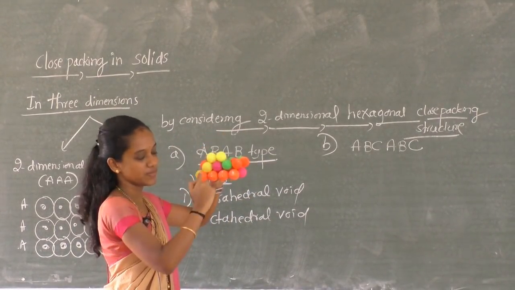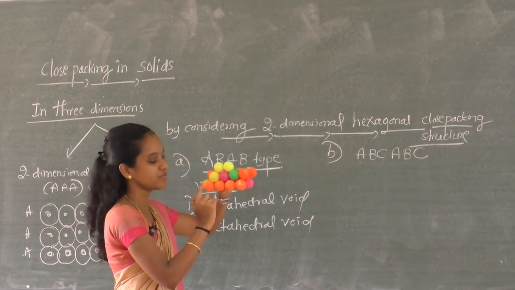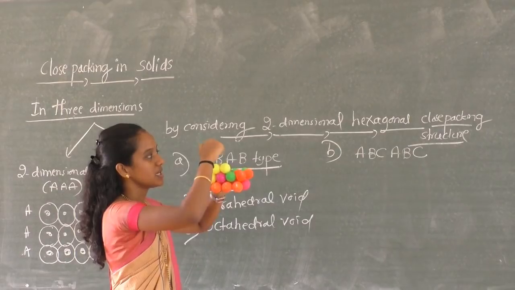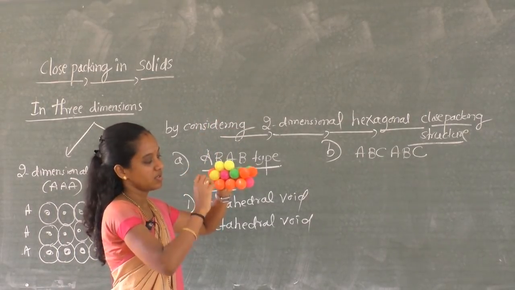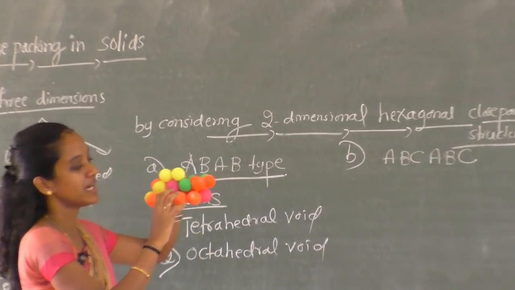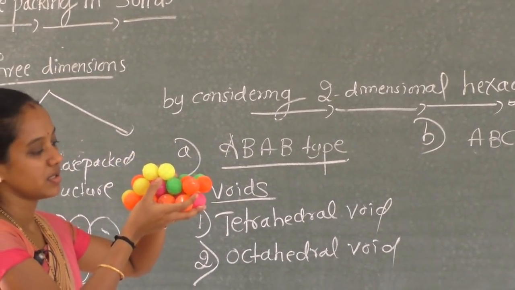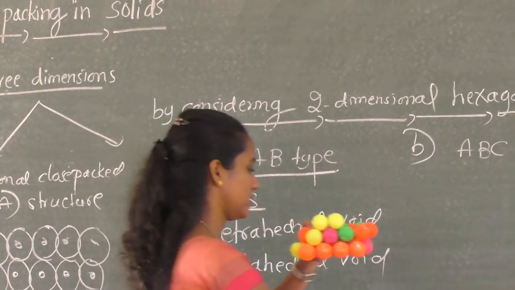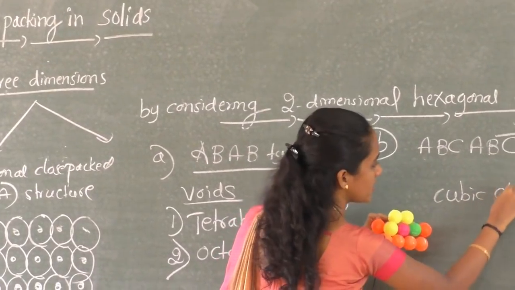Again the fourth layer is similar to A type. Again the fifth layer is similar to B type. So it has ABC in 3 dimensions. This type of 3-dimensional close packing structure is known as cubic close packing.